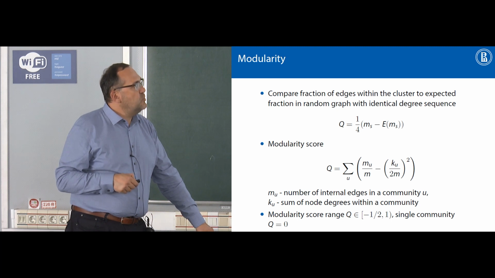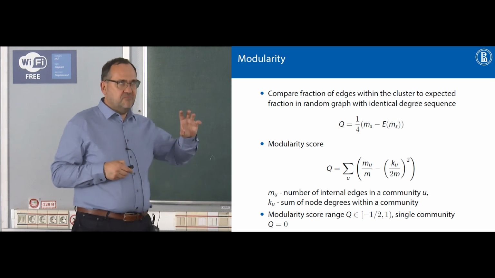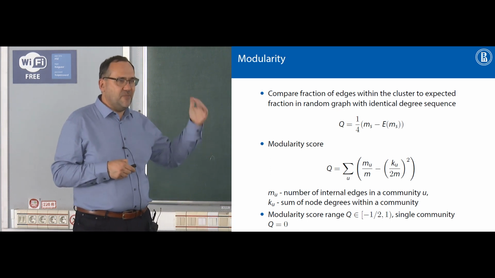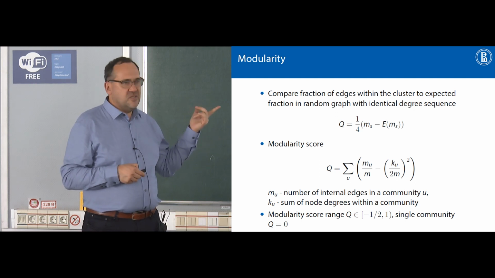The modularity score counts the number of edges within the community divided by the total number of edges in the graph, minus this strange number, which theoretically you can show is how many edges there would be if the graph was random. So it is one of the metrics. It's not the easiest metric compared to the previous two. It's not obvious, but actually this works pretty well.